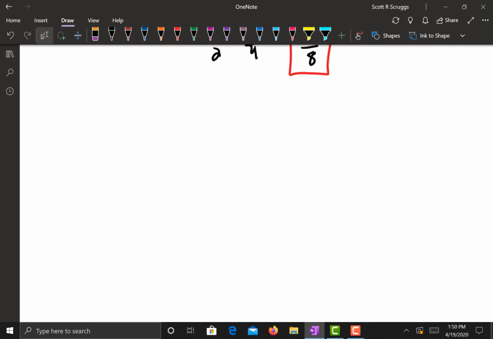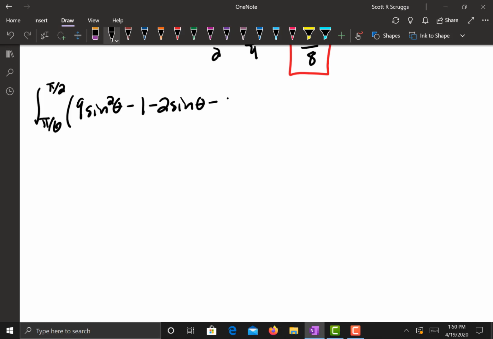All right, so let's go ahead and copy down that problem. So I have the integral from pi over 6 to pi over 2 of 9 sine squared of theta minus 1 minus 2 sine of theta minus sine squared of theta.